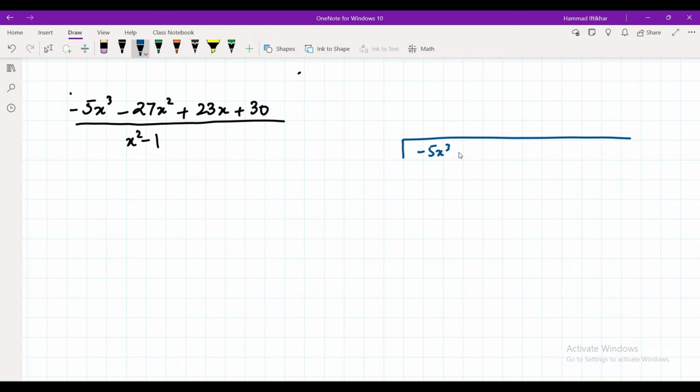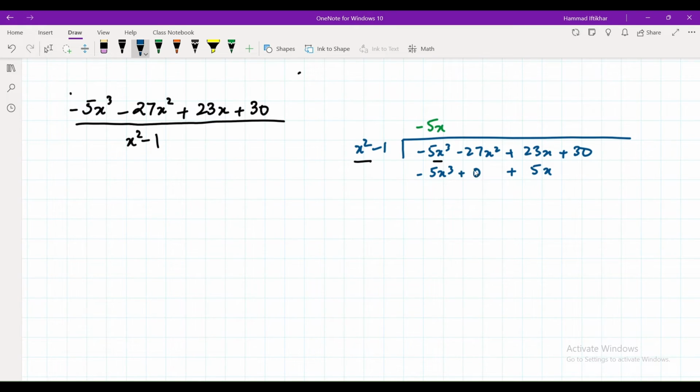Minus 5x cubed minus 27x squared plus 23x plus 30, divided by x squared minus 1. Now, since this is quadratic, this is cubic, so we just need to multiply with minus 5x. So we get minus 5x cubed, but minus 5 times 1 will not give us an x squared term, it will get us the x term, so plus 5x.